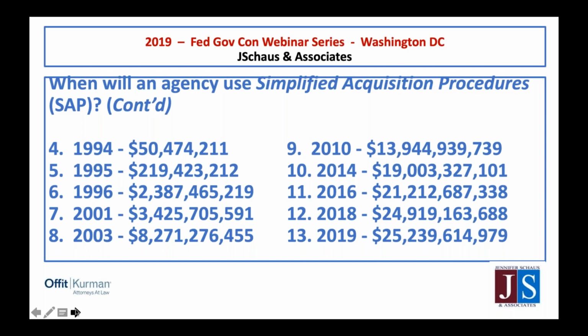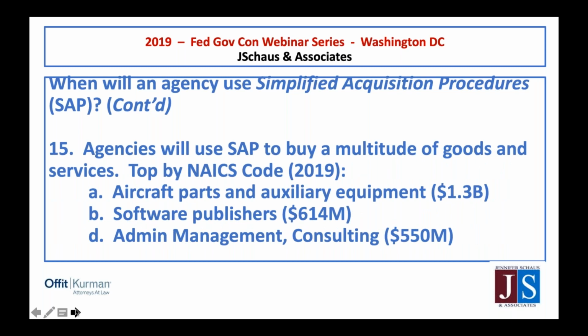Okay, Mallory, if you could advance the slide. Okay, so in terms of when an agency will use simplified acquisitions, they'll use the SAP to buy all sorts of things.